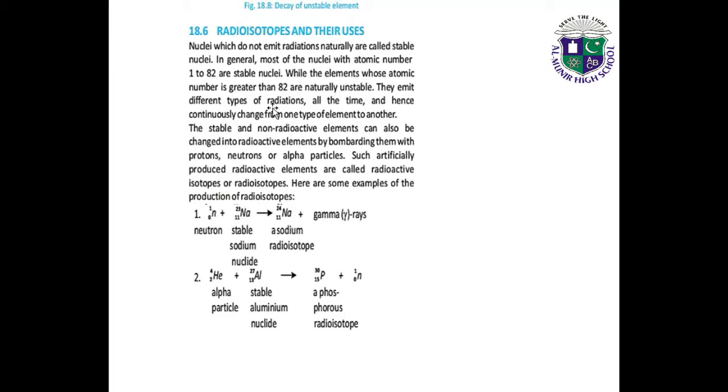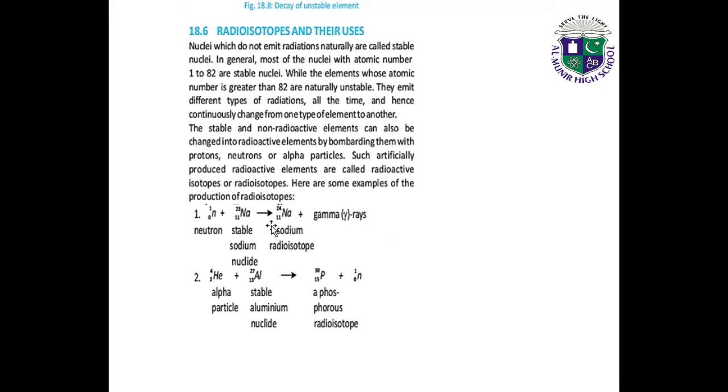They emit different types of radiations all the time and hence continuously change from one type of element to another. Stable and non-radioactive elements can also be changed into radioactive elements by bombarding them with protons, neutrons or alpha particles. Such artificially produced radioactive elements are called radioactive isotopes or radioisotopes.